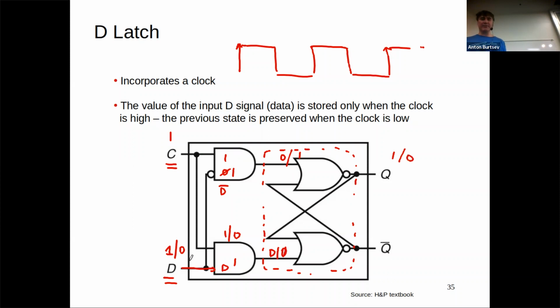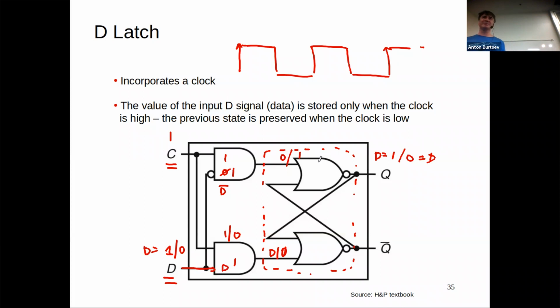So that's true for both. If D is 1, then we will have 1 here, which is D. If D is 0, we'll have 0 here, which is also D, right? As long as the clock is high. Do you agree with this? Again? We can go again.